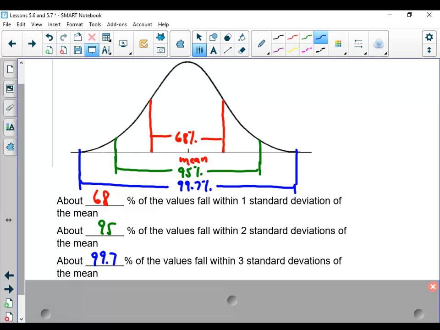And here's what I mean by that. We talked about percentiles being the percent of values below a certain mark. So if I think about the mean being exactly in the middle, well, the mean is actually then at the 50th percentile. So that would be one of our quote-unquote benchmark percentiles.